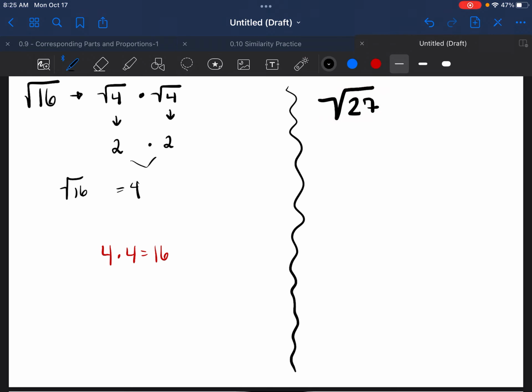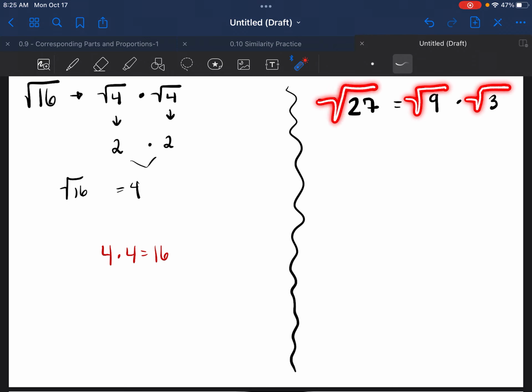I'm going to use that same process to look at the square root of 27. So I want to find two numbers that multiply to make 27. I know that 9 times 3 is 27. And again, I'm continuing to bring over the radical sign here because this is the square root of 27. So the square root of 9 and the square root of 3. And I'm making sure that I write that it is a multiplication sentence here. So the square root of 9 is 3.